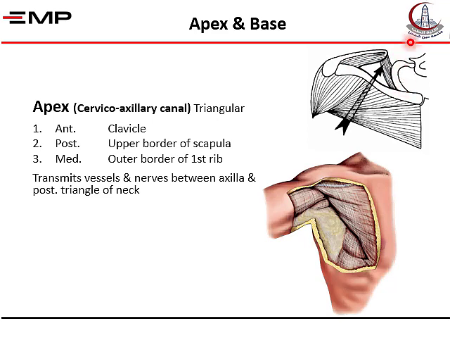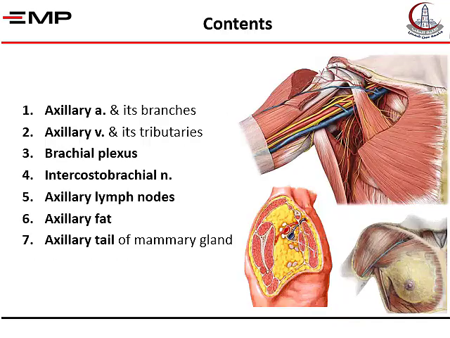It transmits the brachial plexus and the axillary artery from the posterior triangle to the axilla, and the axillary vein and lymphatics from the axilla to the posterior triangle of the neck. The base of the axilla is made by the axillary fascia covered by skin.